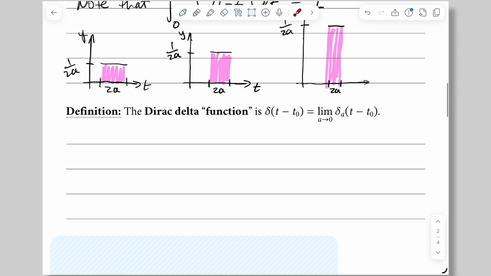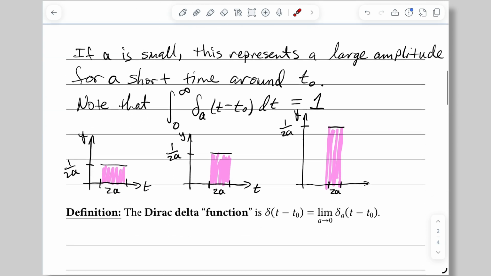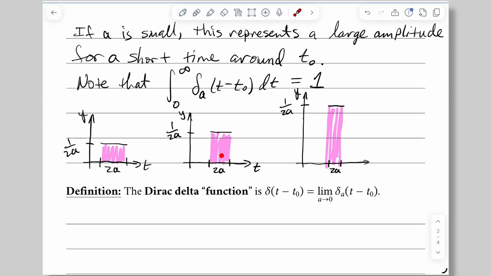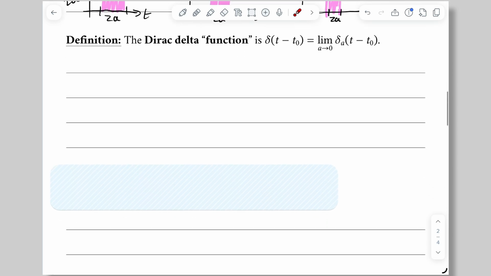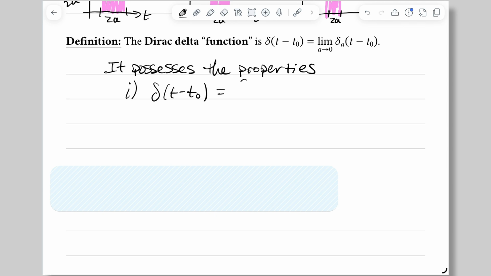Let me back up just a moment, something I kind of glossed over. We call it the unit impulse function because the area under it, when it's on, is 1 unit. Okay, the Dirac delta function has a couple of properties. One, that delta of t minus t sub 0 is defined in pieces, but it's infinity when t is equal to t sub 0, and it's 0 everywhere else, so everywhere t is not equal to t sub 0.